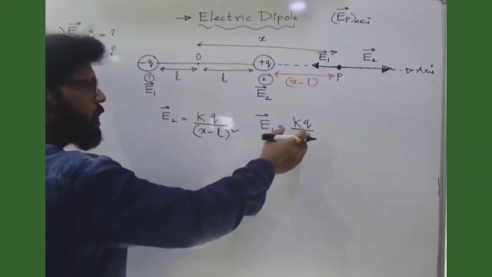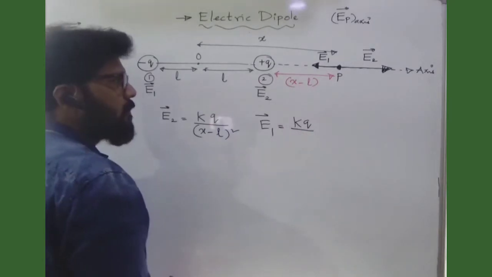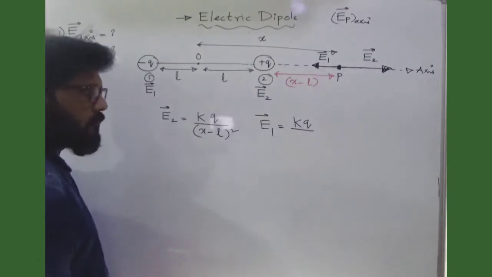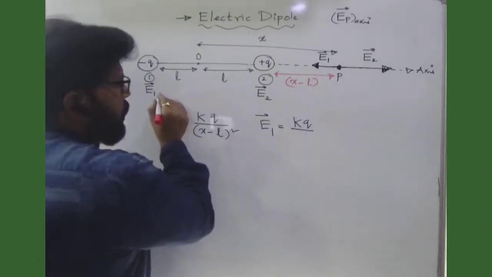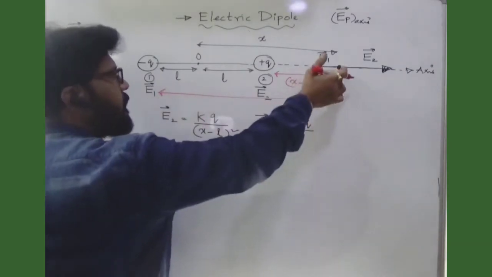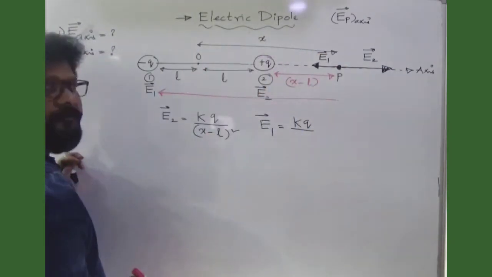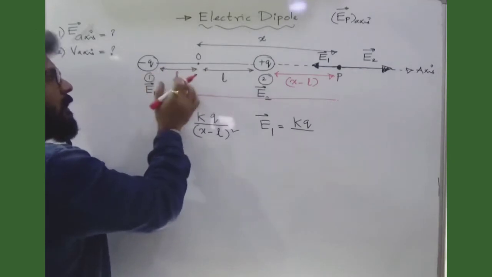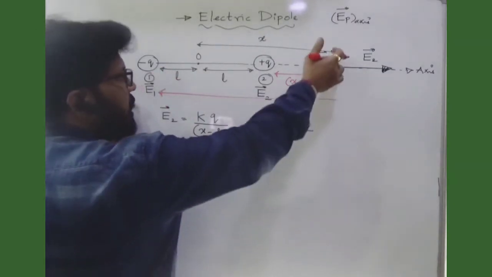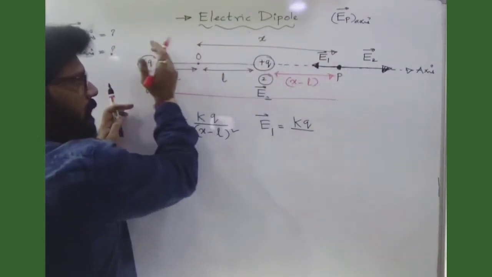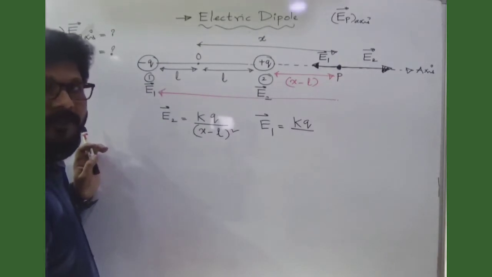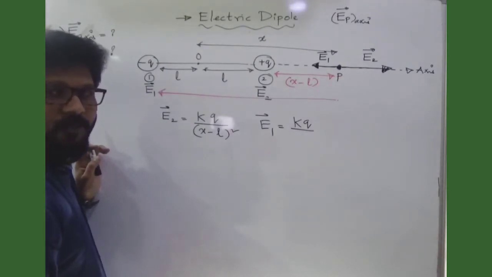So here, KQ by, can anybody say what is the distance from the point P to the first charge? Can anyone say? What is this distance? From P to O it is x, then the remaining distance is L. So this is x plus L. Is it x plus 2L?